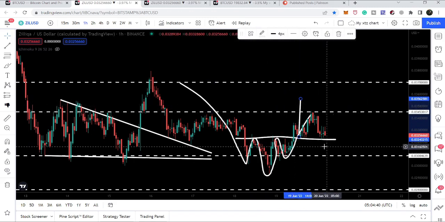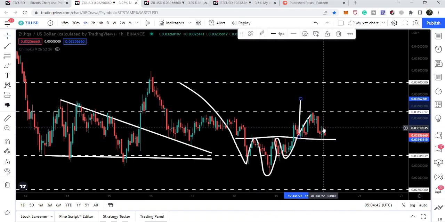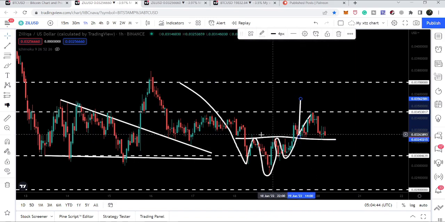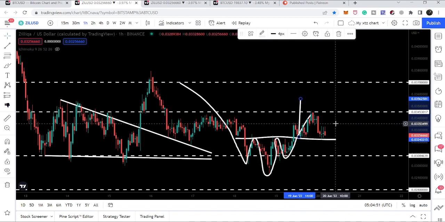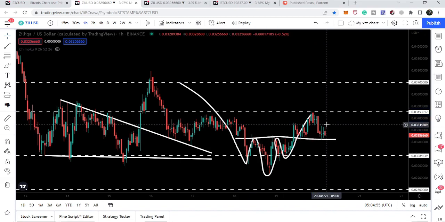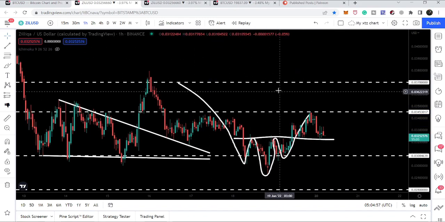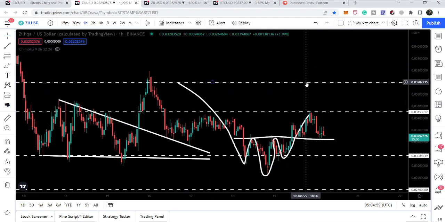So it is possible that it keeps testing this neckline support, but if it moves up from here, it can break out the next resistance of 3.45 cents. But again, we have a very strong resistance here at 3.7 cents.